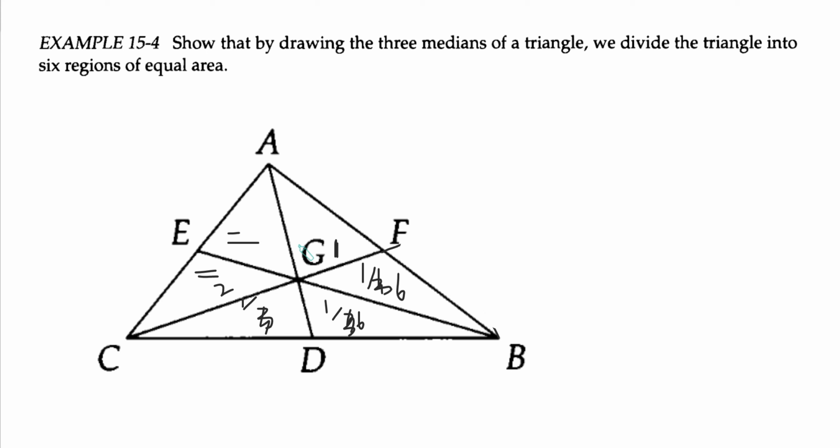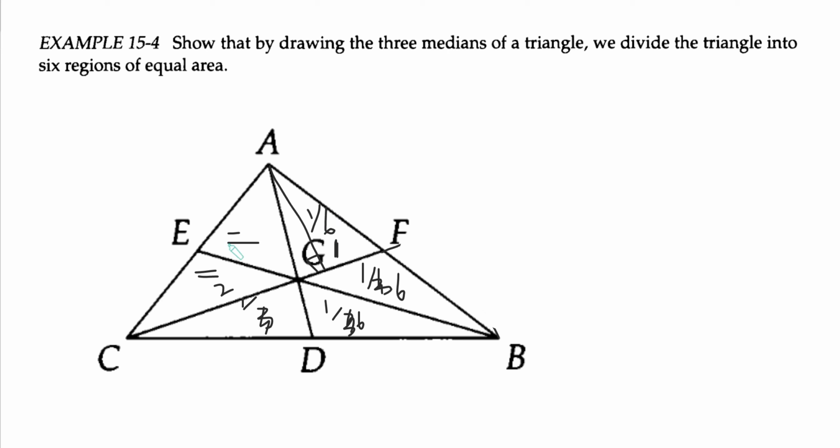So AGF shares this altitude with ACF, and the ratio of their bases is 1 to 3, so the ratio of their areas is 1 to 3. So AGF is a third of the area of ACF, which means it's a sixth of the area of ABC.